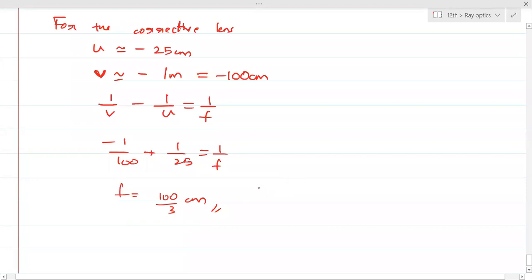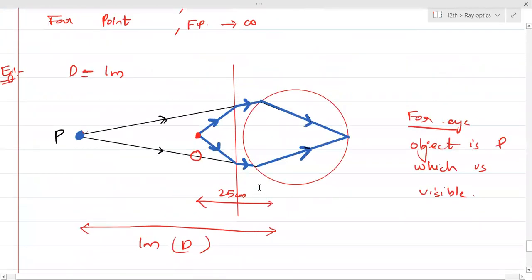Sir, then each and every object less than the near point will be visible at P? No. Look, suppose there is an object Q here for this lens.